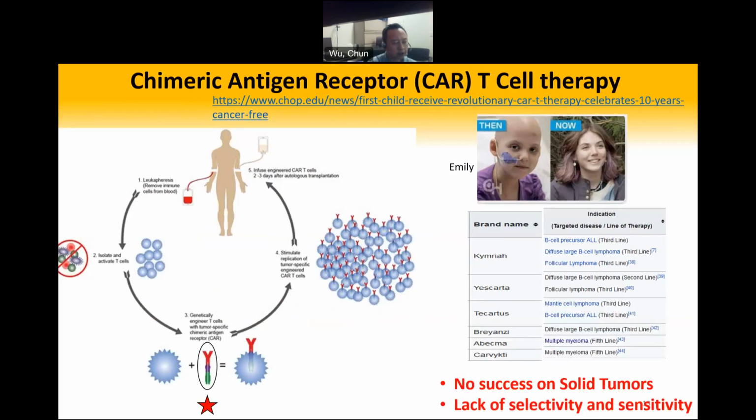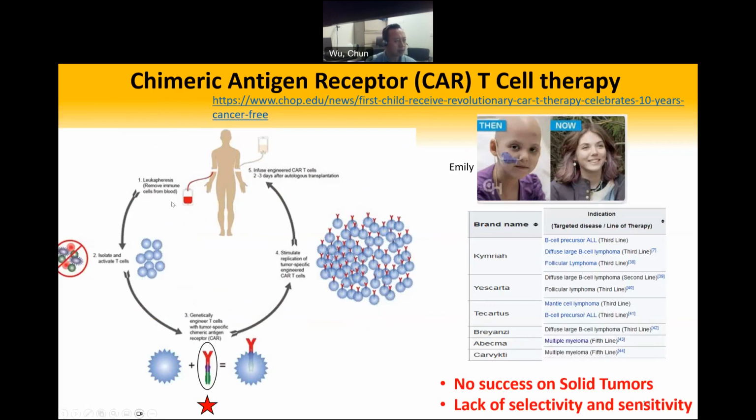We also can use computation to understand how the engineered T-cell receptor works and how to improve it for the treatment. So let me first give you some background about this chimeric antigen receptor T-cell therapy.